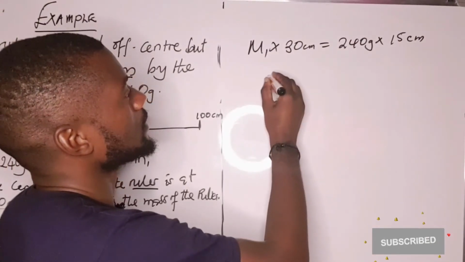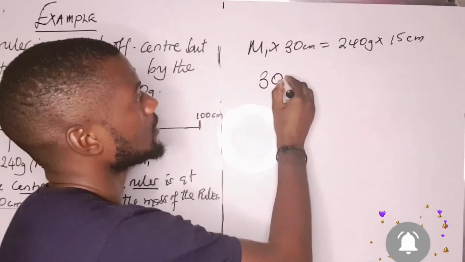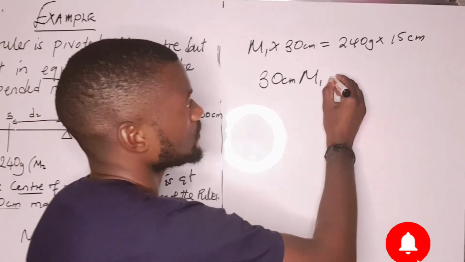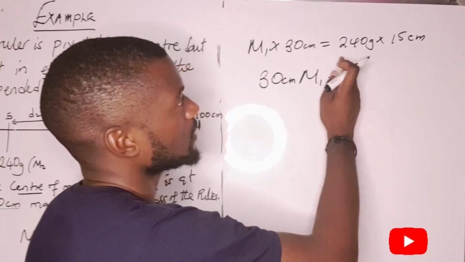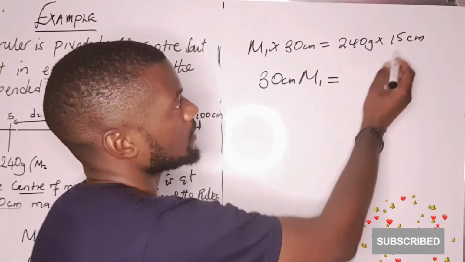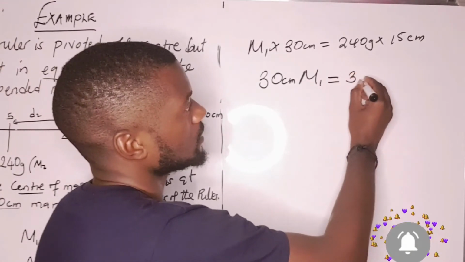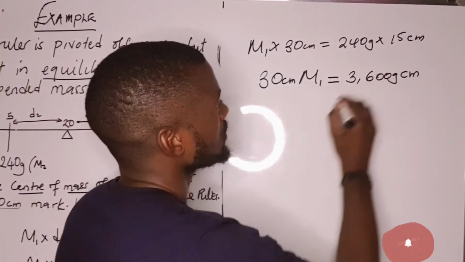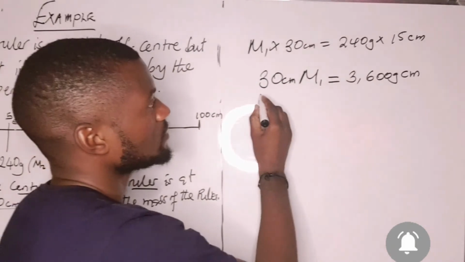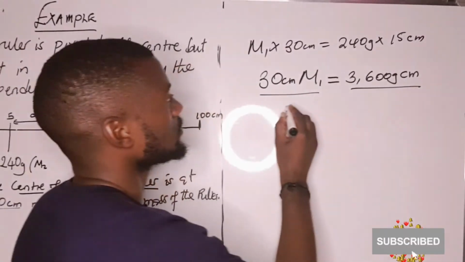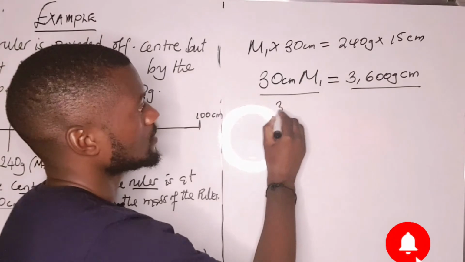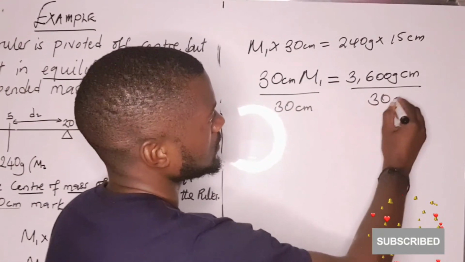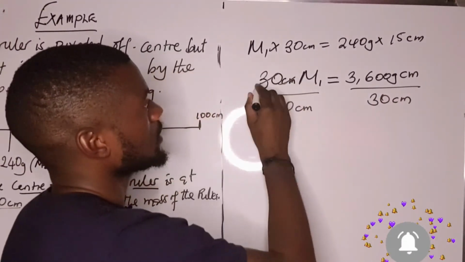So here we are going to have 30 centimeters times M1, which is the mass of the ruler. Then when we multiply 240 times 15, you are going to have 3,600 gram centimeters. Then you divide both sides by 30 centimeters, and you cancel there.